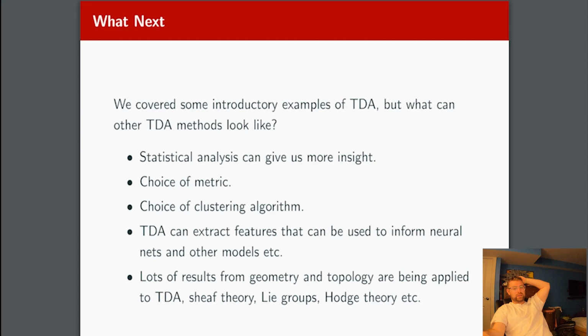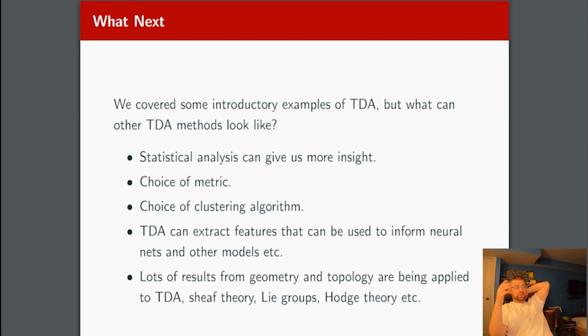And then TDA is still pretty young and novel, so there's tons of stuff from geometry and topology being applied to TDA, even from algebraic geometry. Sheaves are huge. Sheaf theory is huge because sheaves give us local information, and looking at the sheaf cohomology can give us more global information.